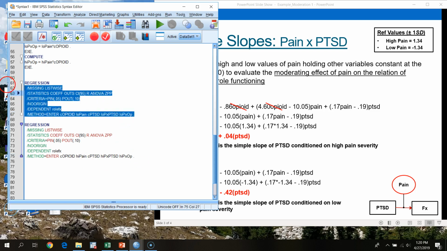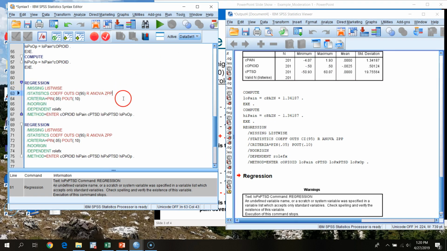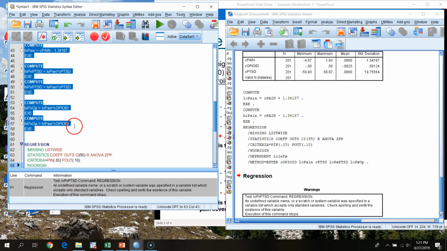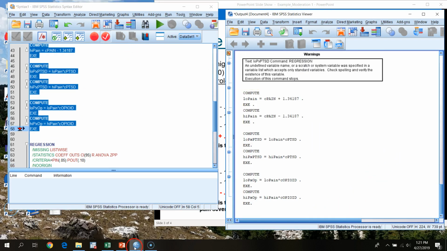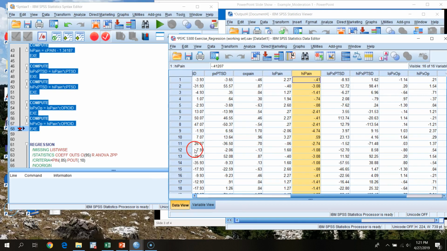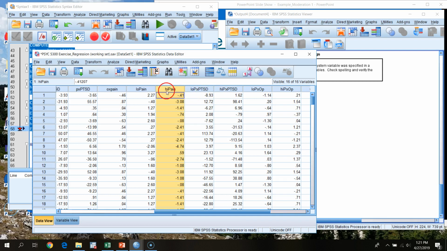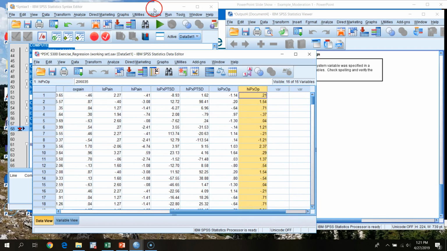Okay, so if I go through and I run my model here, oh whoops, I didn't actually calculate all these. There we go. And if we take a look at our actual data set, we now have interaction terms for low pain and PTSD, high pain and PTSD, low pain and opiate use, high pain and opiate use. So everything's looking good here.